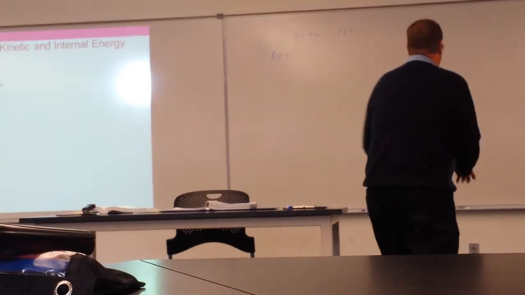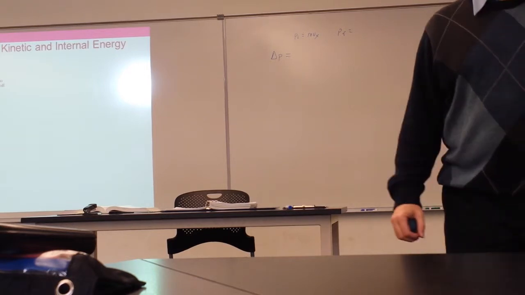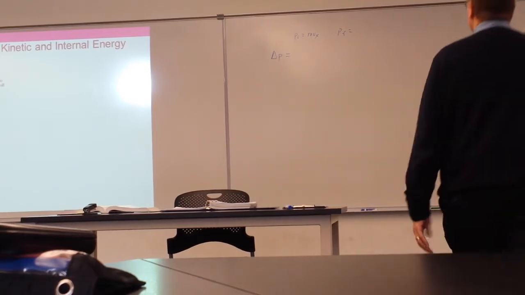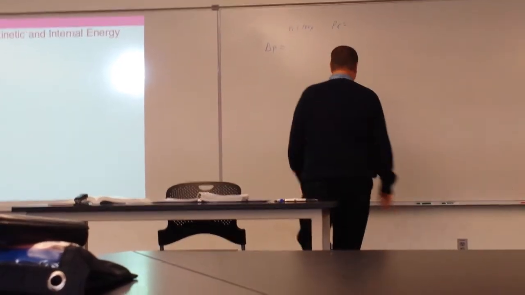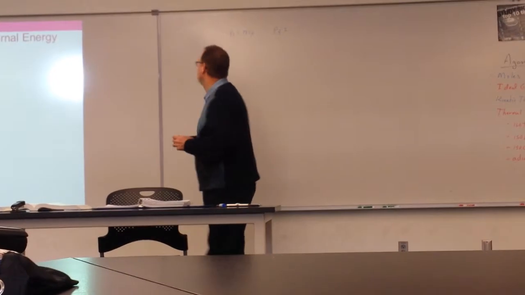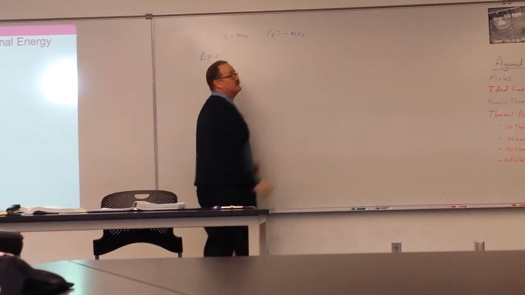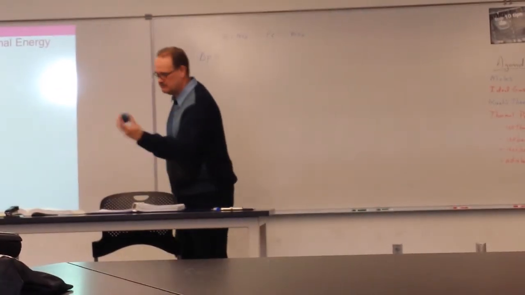What does the wall do to the momentum? Reverses it, right? So it doesn't change the mass, but it changes the direction of the velocity. And what does that do to this velocity again? How do I write that? m vx minus. That's what the wall does.